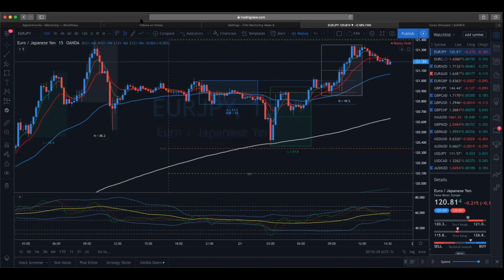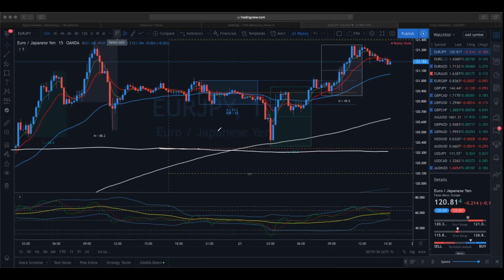So, what does this tell you if it's pinning to the previous week's high? If the previous week's high is all the way up here and we're already above it and we're coming back down to pin it, what does that tell you? That we're going to go up, right?